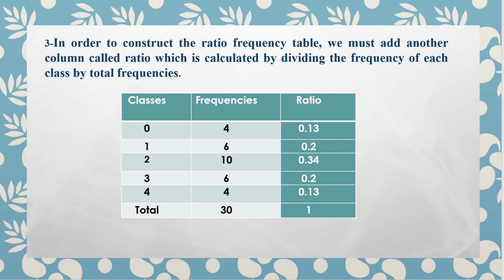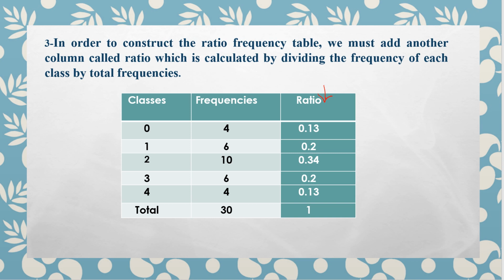Question 3 is asking you to construct the relative frequency table, and in order to make it, we add another column to the original frequency table, and this column is called ratio. In this column, we compute the ratio for each class by dividing the frequency of each class by the total frequencies of all classes.